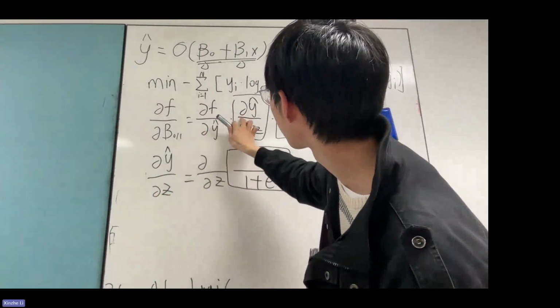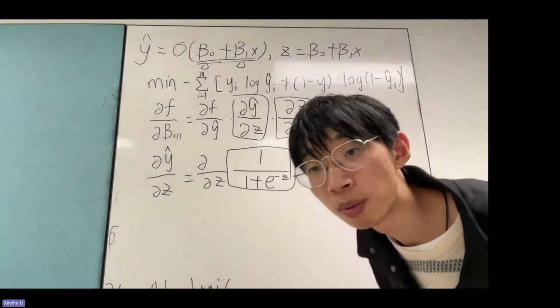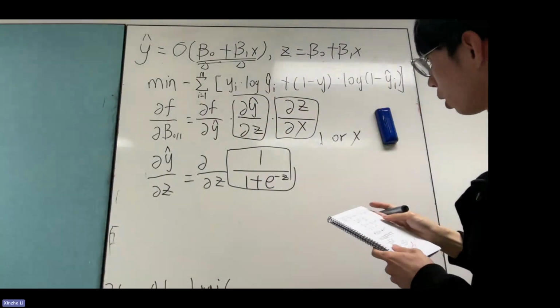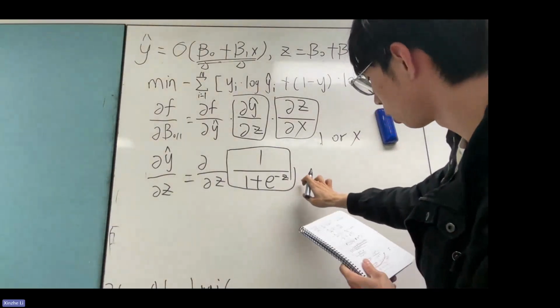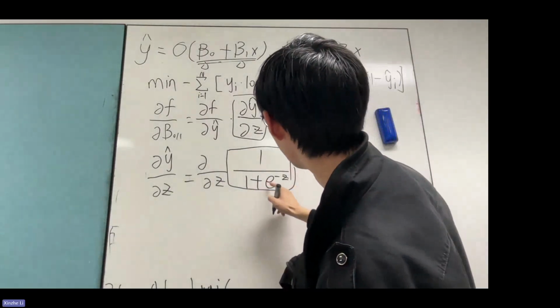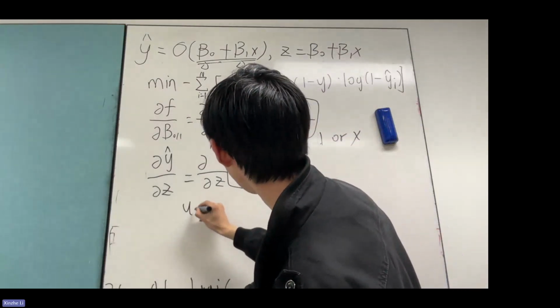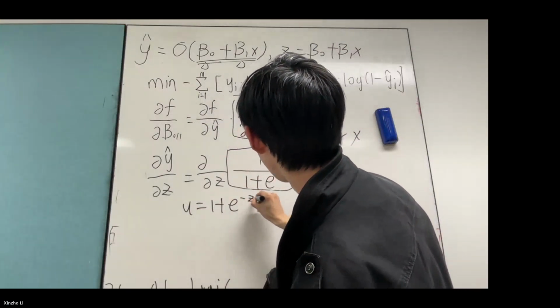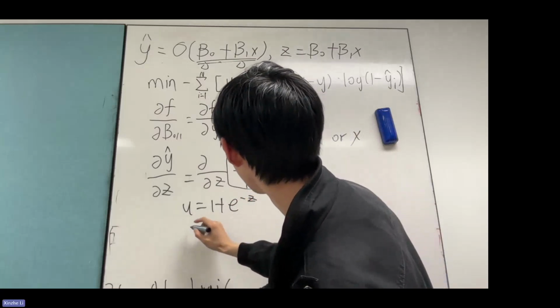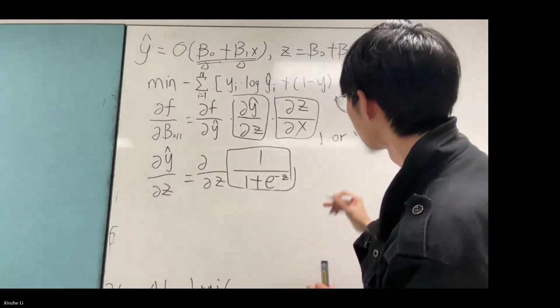Now we need to resolve this derivative for the sigmoid function. Okay, yes, it's the correct form. To resolve this derivative, we need to apply another chain rule. To apply the chain rule to this, we make u equal to 1 plus e to the minus z. So let me write it using a different color.